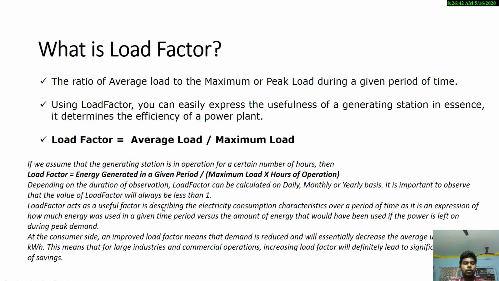If we assume that the generating station is in operation for a certain number of hours, then load factor will be equal to energy generated in a given period divided by maximum load into hours of operation.